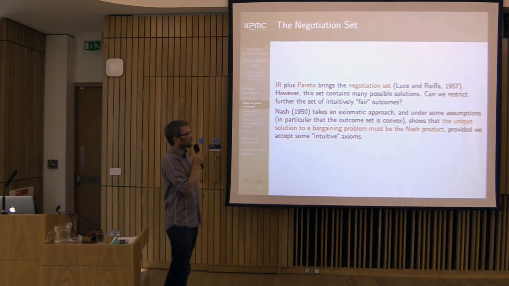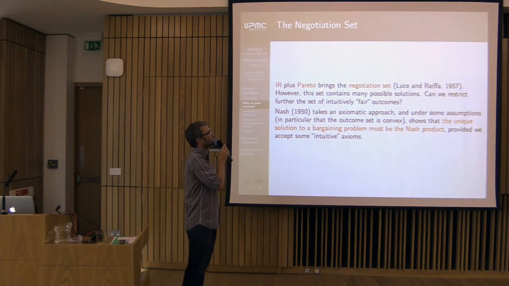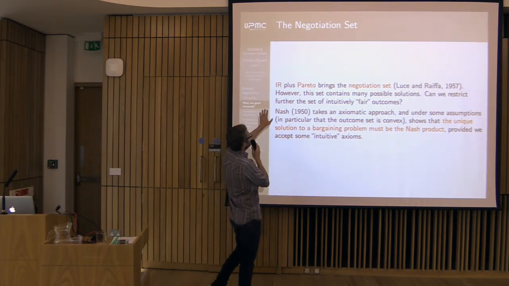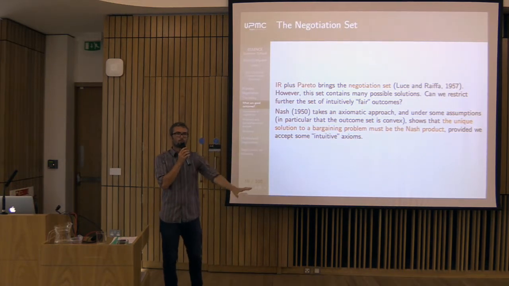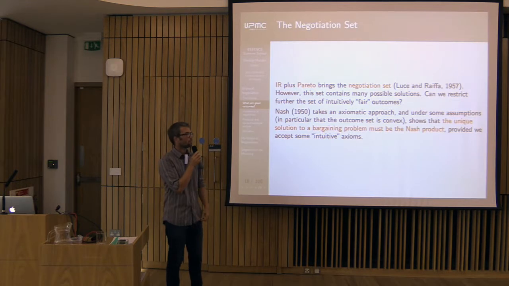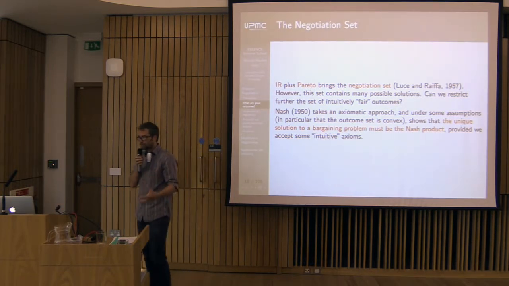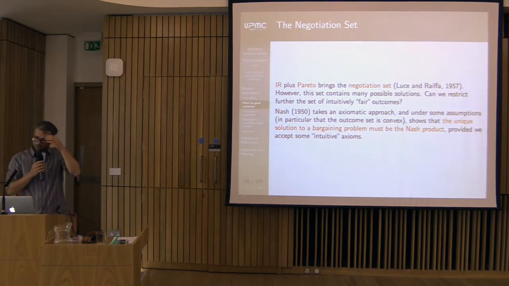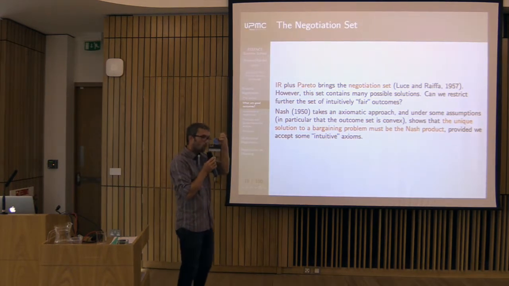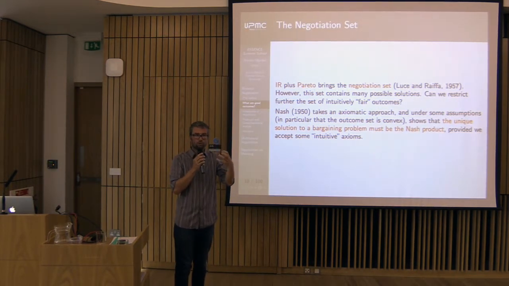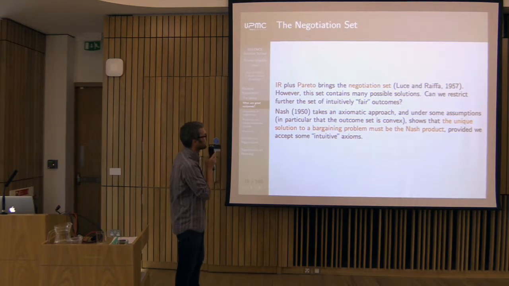Okay, so again, Luce and Raiffa in '57 defined the negotiation set as being individual rationality plus Pareto, so it gives you a subset of the possible outcomes, but you still have many possible solutions. And so axiomatically, Nash, in the 50s as well, tried to define what should be a good solution, a good outcome in that case.